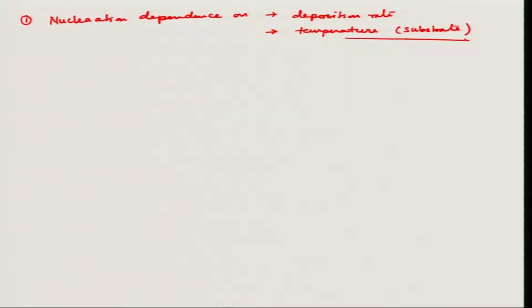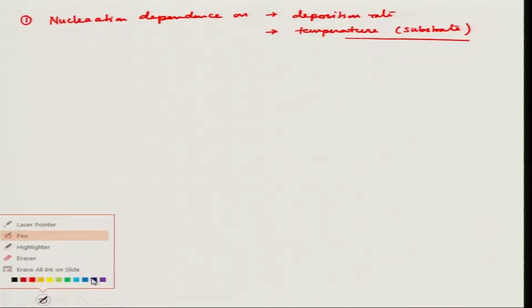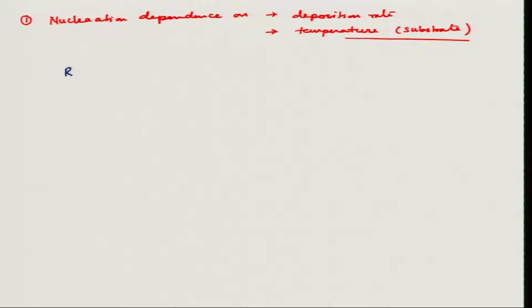Okay. Let us first define deposition rate as R dot, okay, and this is my deposition rate. It can be in nanometers per unit time or angstrom per unit time.